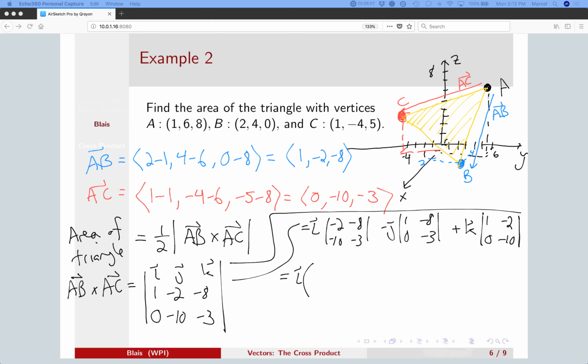Remember, now to do the 2 by 2s, top left times bottom right, minus top right times bottom left. You want to be careful because you have a lot of minus signs floating around. So minus 2 times minus 3 minus minus 8 times minus 10. Okay, minus j. So for j, we have 1 times minus 3 minus negative 8 times 0.